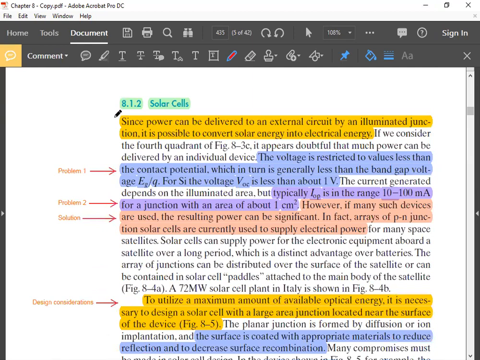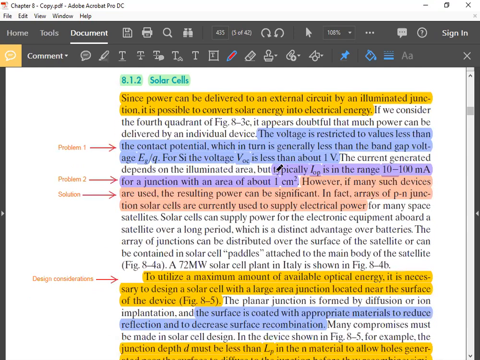Now, in designing a solar cell, we have two problems. When you try to use a photodiode as a solar cell, two problems are there. The voltage is restricted to values less than the contact potential, which in turn is generally less than the band gap voltage Eg by q. For silicon, the voltage VOC is less than 1 volt.